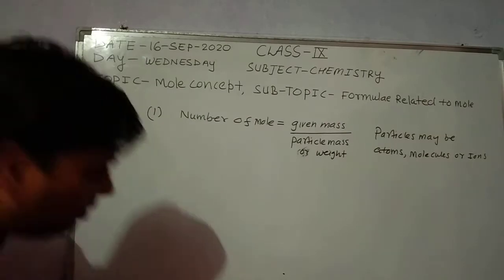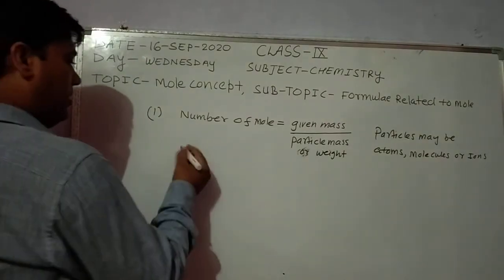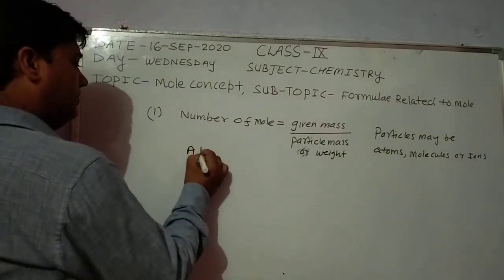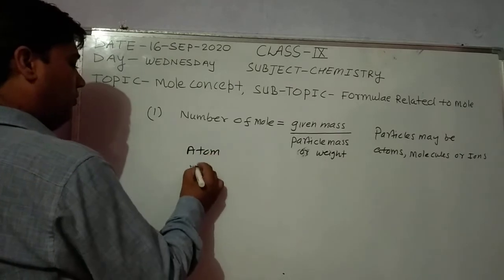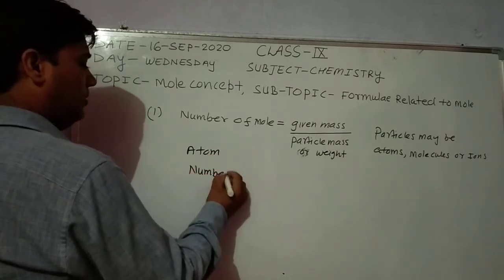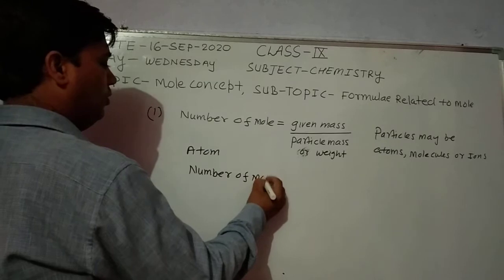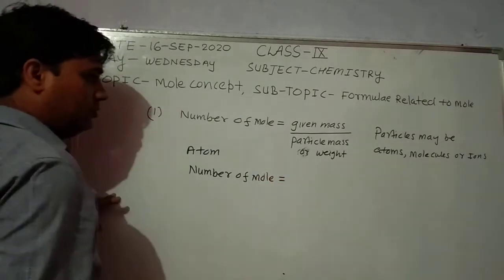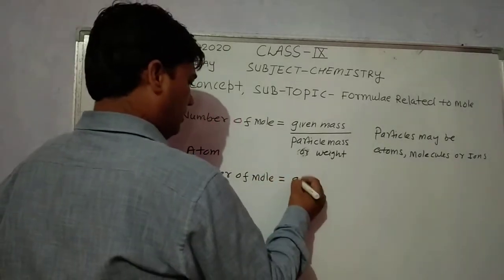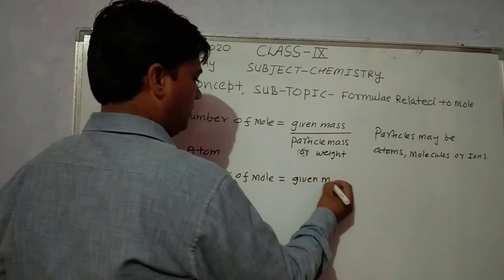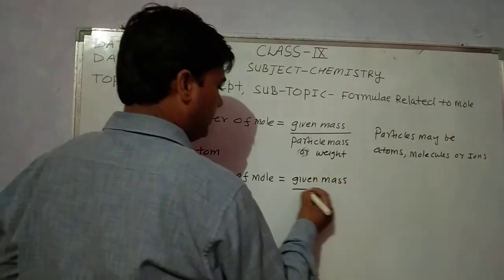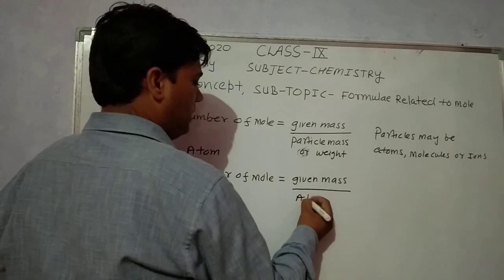So in case of an atom, number of moles is equal to given mass divided by atomic mass.